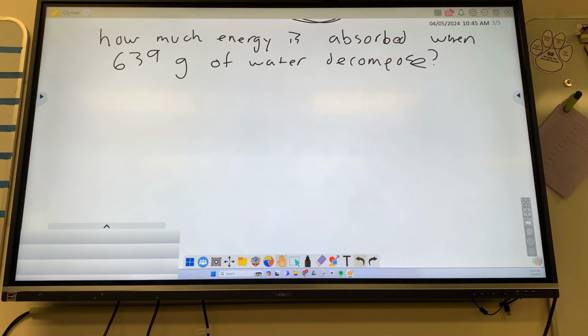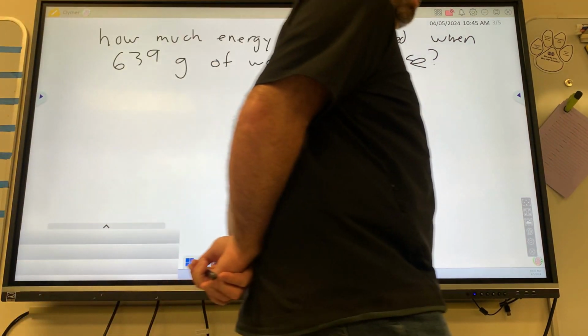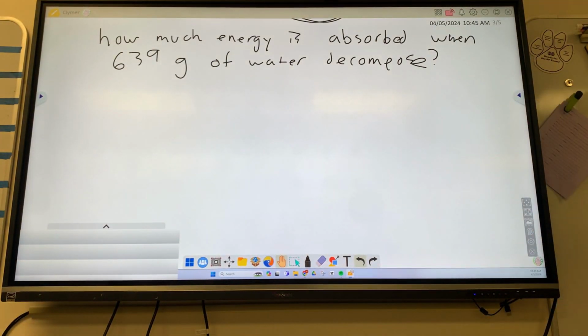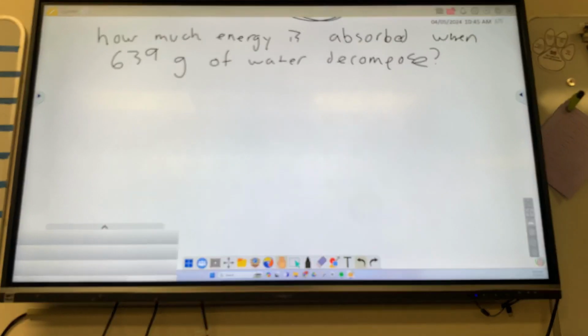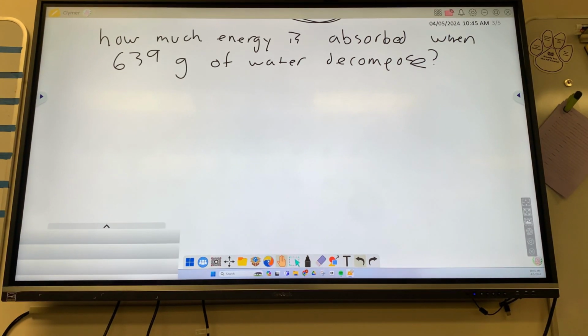It's the same but different. How is this equation, as written in this problem, different? What are we doing this time with the water? Yeah, so we're trying to decompose water. We're trying to break water apart. So how will your equation here differ? True. So this is an endothermic process, yes. How is your equation going to look then?